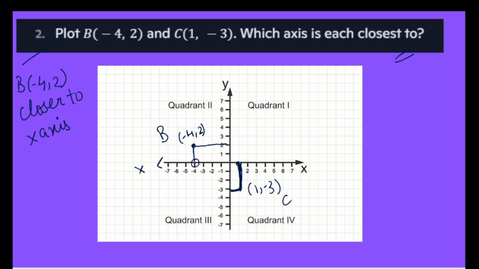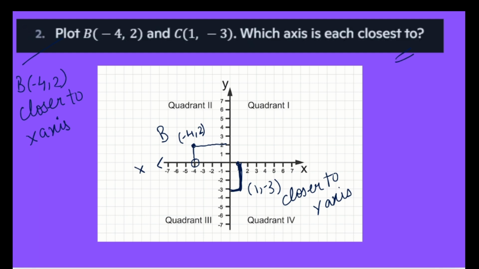So it is closer to the y-axis. You just have to count the units, and the one with more units is the opposite, that would be closest.